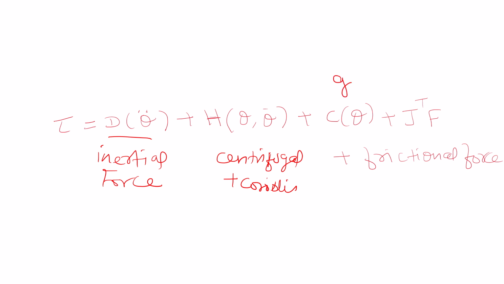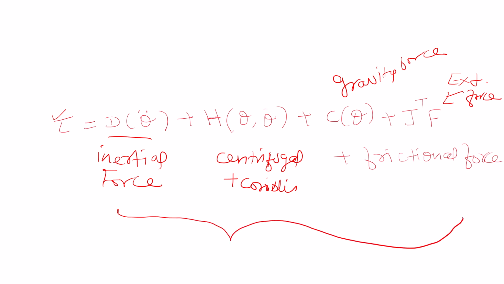This is the gravitational force, plus J transpose of F. This is the external forces, plus frictional force. So the torque tau is represented by tau equals D of theta double dot plus h of theta comma theta dot plus c of theta plus J transpose of F. We need to determine the torque tau in order to balance out both the internal and the external forces.